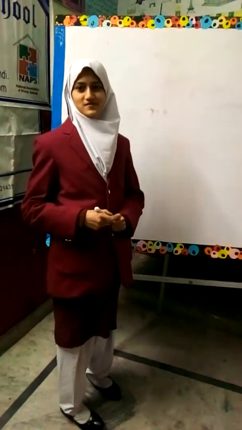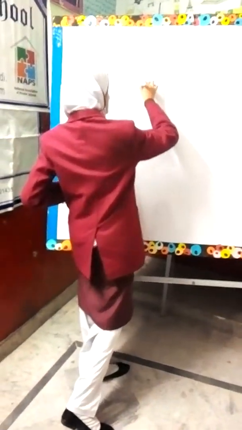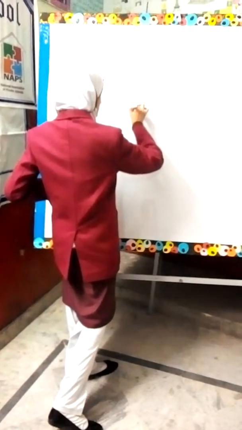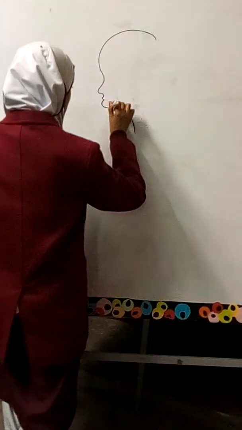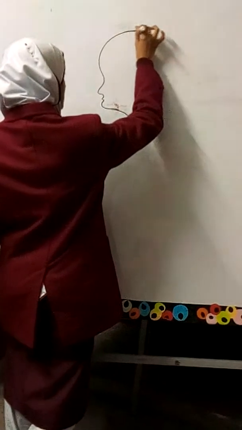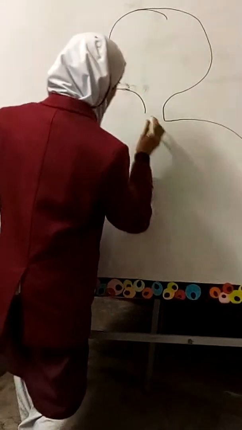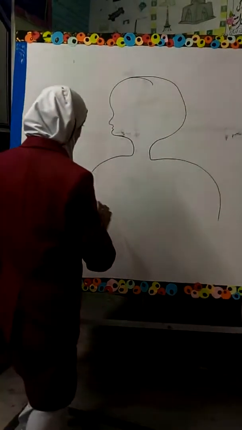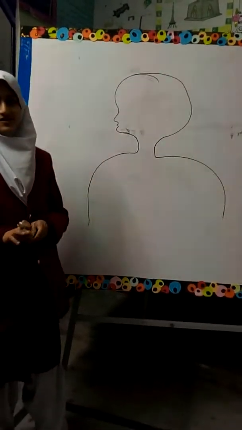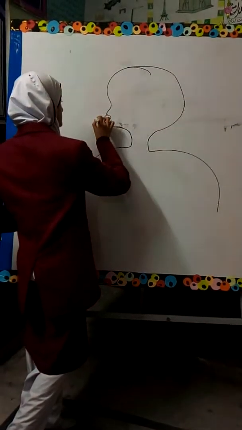Today I will tell you about our respiratory system. In the human body, first of all, the air enters our body from our nostrils, this is our nose.